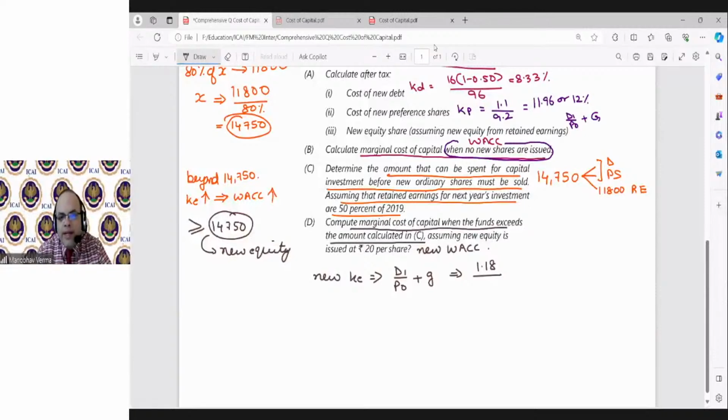In the denominator we are using 20 and g was 10%, right? So we are looking at 1.18 divided by 20. And we are talking about 15.9%, I believe. What was my original cost of equity, guys?